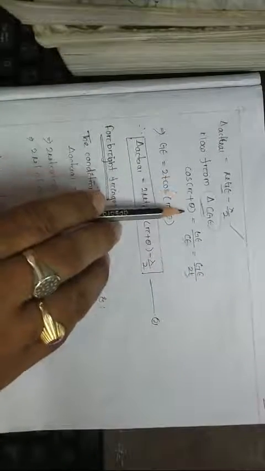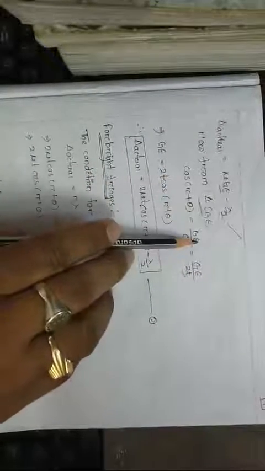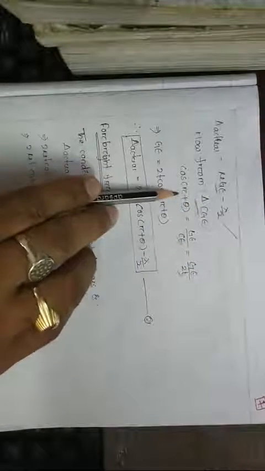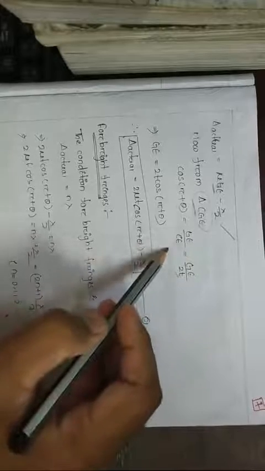So cos(r plus theta) is GE by 2T, which implies GE is equal to 2T cos(r plus theta).